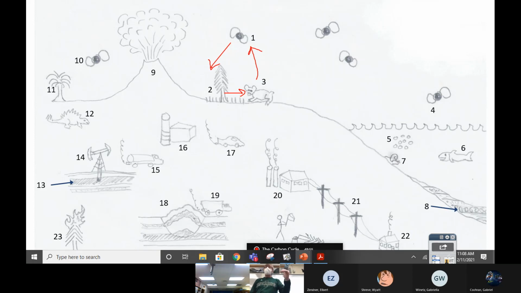The more things you tell me, and the more details you give me, the more points you get. So carbon dioxide in the atmosphere, it's made of 1 carbon atom and 2 oxygen atoms, and it's about 400 what we call ppm, parts per million. That means for every million air molecules, 400 of them are carbon dioxide.